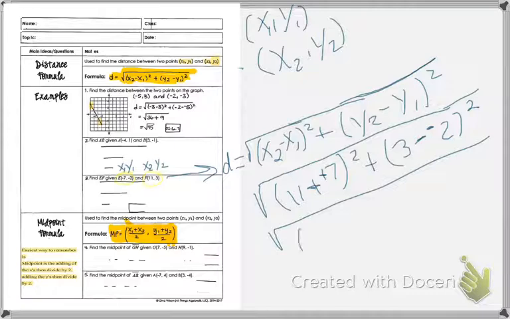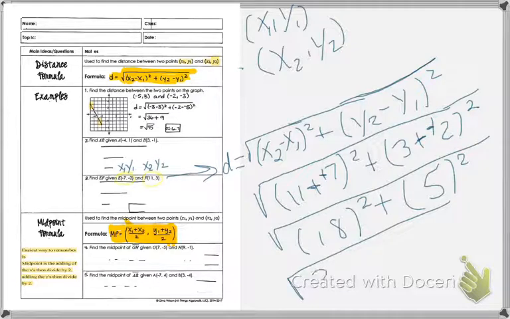So this becomes 18 squared plus 5 squared. That's 324 plus 25, and I'm running out of whiteboard here.